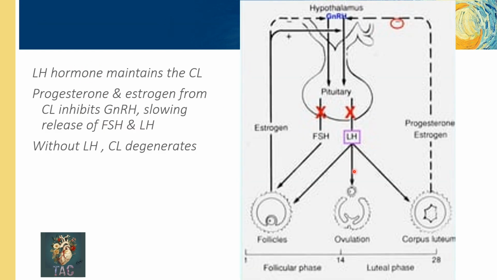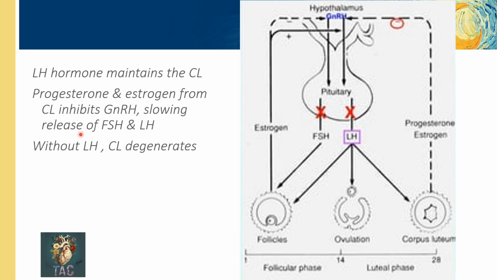So again, this diagram shows the progesterone and estrogen negative feedback effect on GnRH. Secretion of GnRH reduces from the hypothalamus. As a result, there is no stimulus for the FSH and LH. So LH and FSH also decrease and this results in degeneration of the corpus luteum. So LH hormone maintains the corpus luteum.